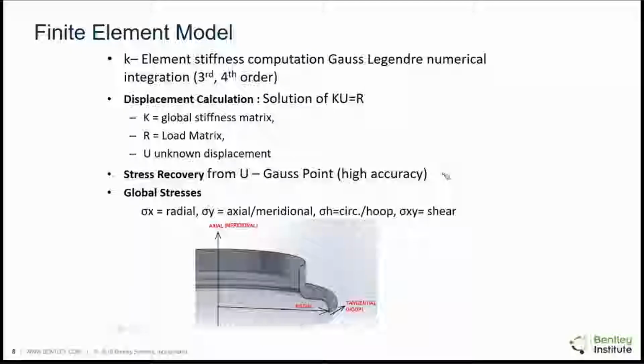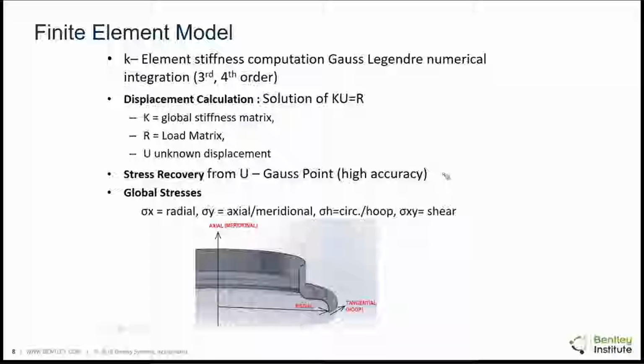Right, so in the finite element model, once you get the element stiffness computation, we use a Gauss-Legendre numerical integration of the 3rd and 4th order, and the displacement calculation is obtained by combining the element stiffnesses and making the global stiffness matrix, capital K times U equals R, the load matrix.